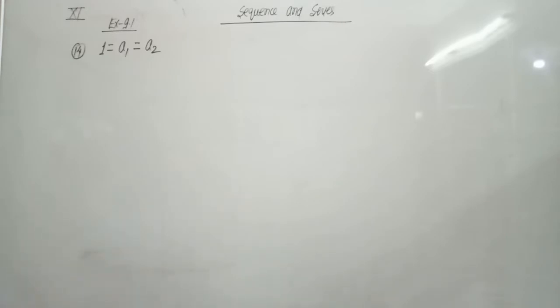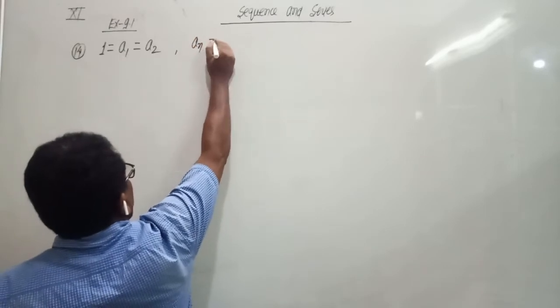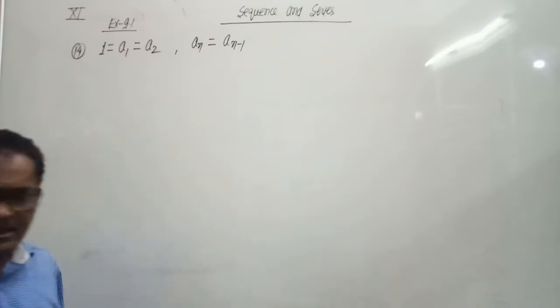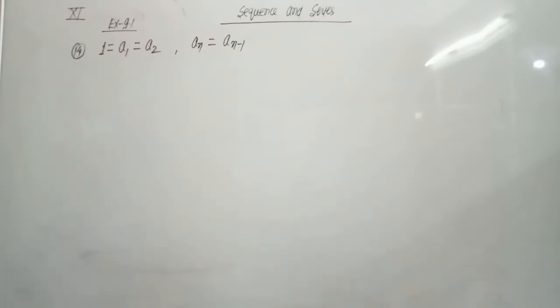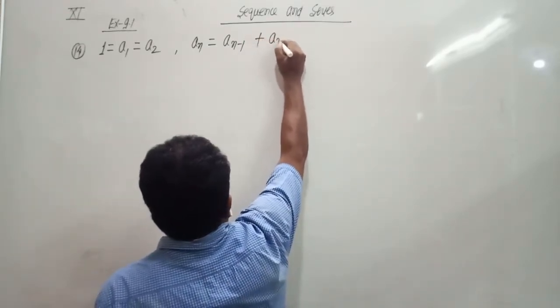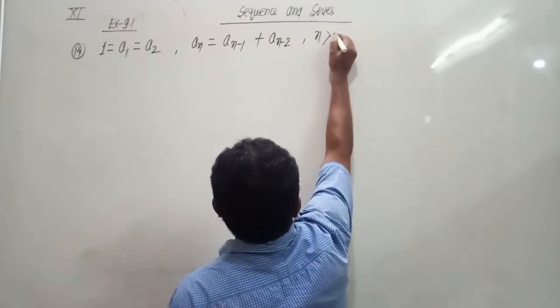And an equals a(n minus 1) plus a(n minus 2), and the condition is n is greater than 2.